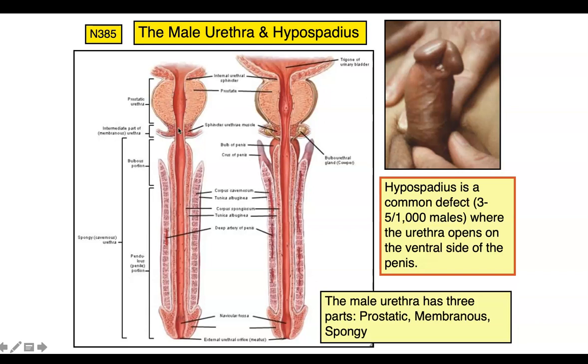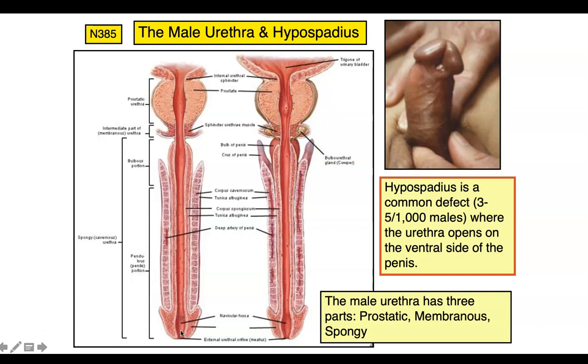And then this part of the male urethra is called intermediate part or membranous part of the urethra. And then within the corpus spongiosum, this is the spongious part of the urethra. So urethra begins at the internal urethral orifice, and then it goes all the way through this corpus spongiosum penis, and within the glans penis, it has a dilated part.